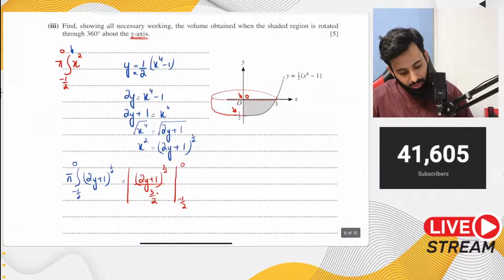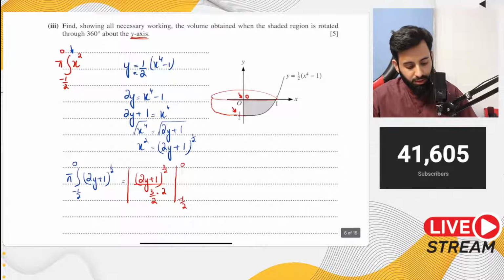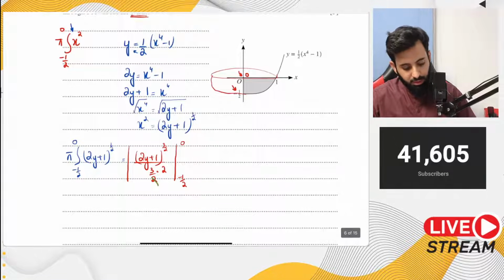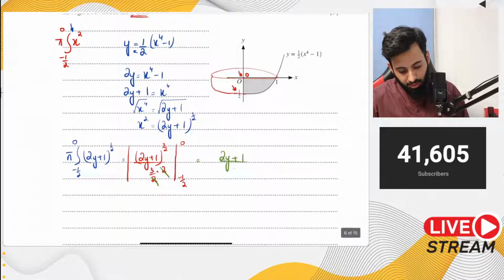By the way, 3 upon 2 also gets multiplied by the differential of the bracket, which is 2. Completely forgot about that. So this 2 and this 2 get cancelled out. And now before we finally plug in the values, let's write it nicely: (2y plus 1) to the power 3 upon 2, all over 3, within the limits 0 and minus half.